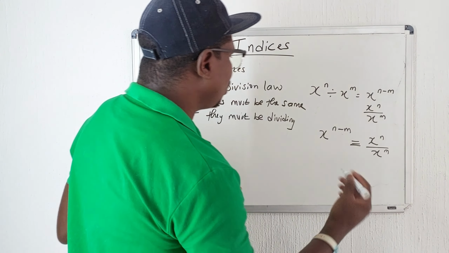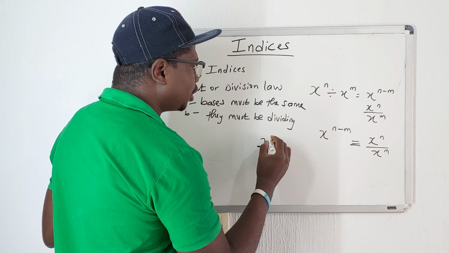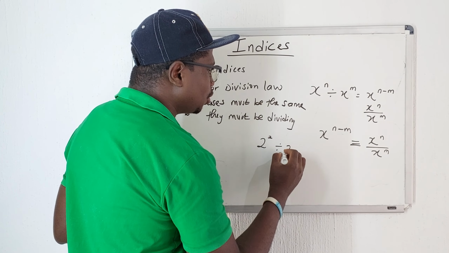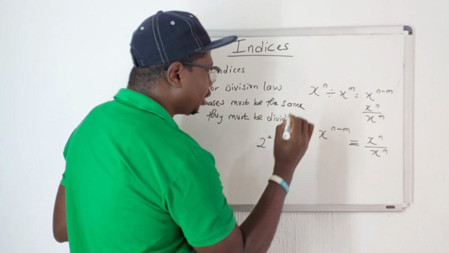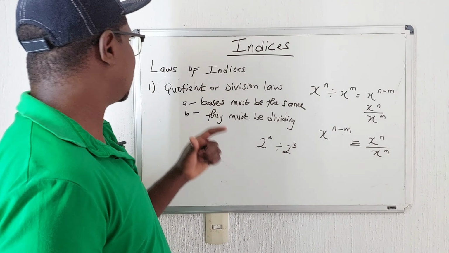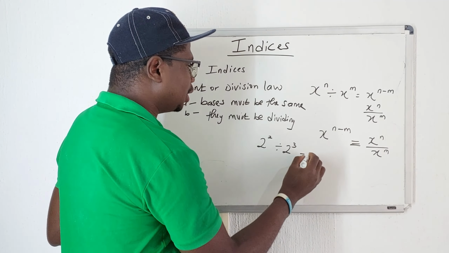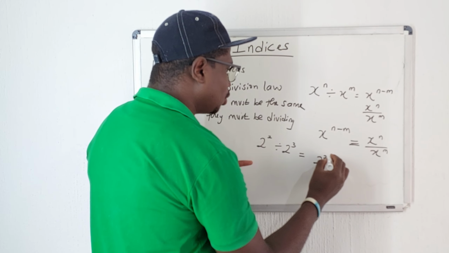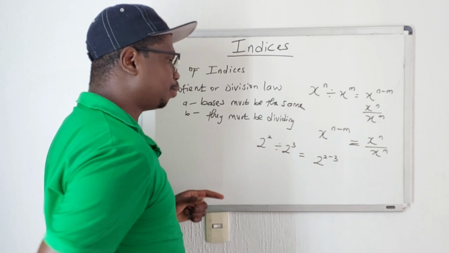So, for example, if we have 2 raised to power 2 divided by 2 raised to power 3, we can apply the quotient or division law, which is 2 raised to 2 minus 3.